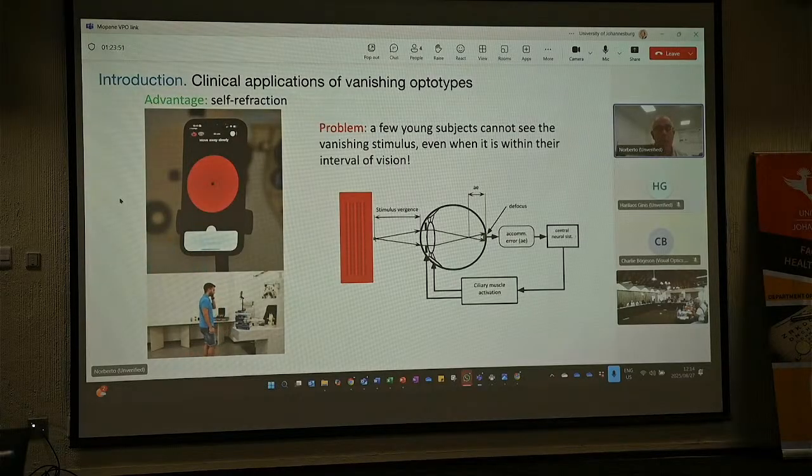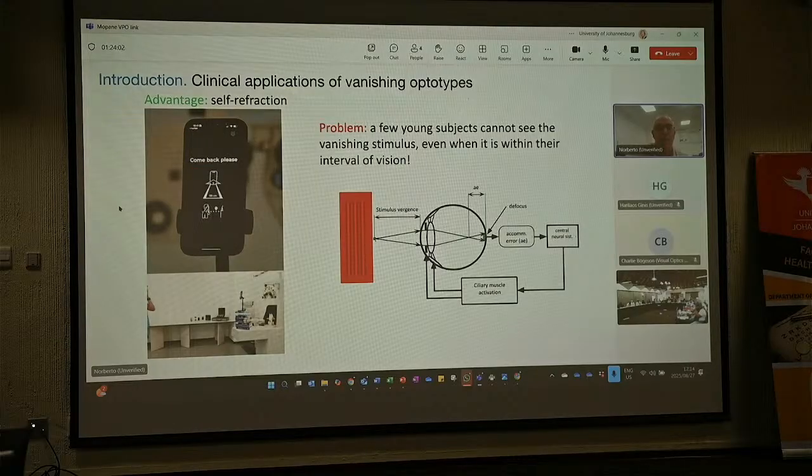It will disappear because the stimulus is beyond his far point. It's a very easy task for the subject to say, okay, now I cannot see. Stop, and then we know what the far point is.